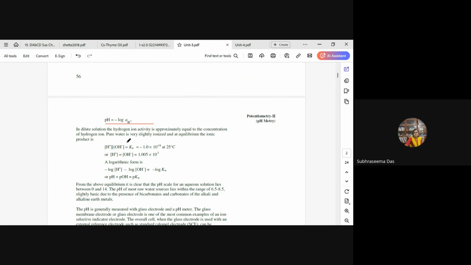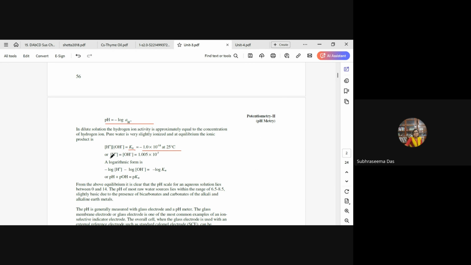Now we know that pure water is very poorly ionized, and at equilibrium we can write the ionic product of water as the concentration of H plus times the concentration of OH minus, which we call the ionic product of water, given as Kw. And we know that the value of Kw is 1 into 10 to the power minus 14 at 25 degrees centigrade.